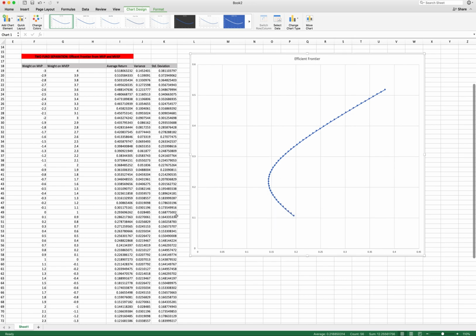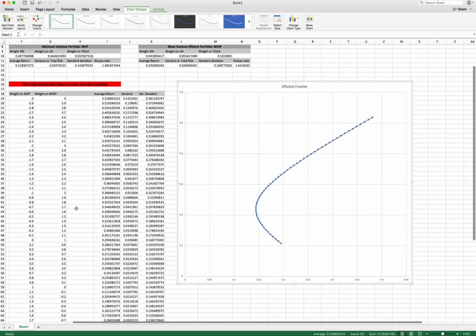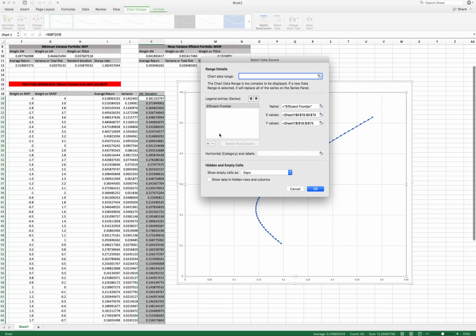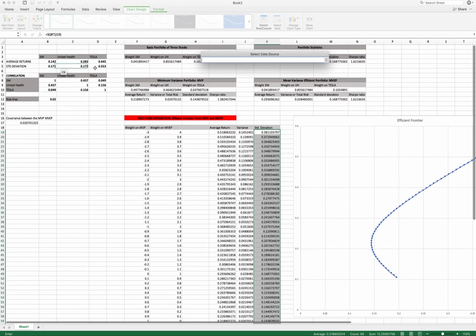Okay, so maybe we can plot more things on this efficient frontier, convince yourself that that's really the efficient frontier of 3 assets. So I'm gonna actually add some more assets. First thing we want to add is Tesla. We always want to add Tesla. What's the X value for Tesla? Well, that's the standard deviation for Tesla, right? So where's the standard deviation for Tesla?